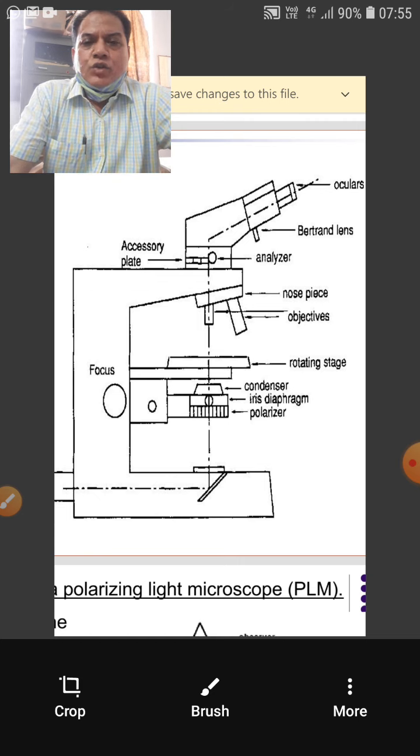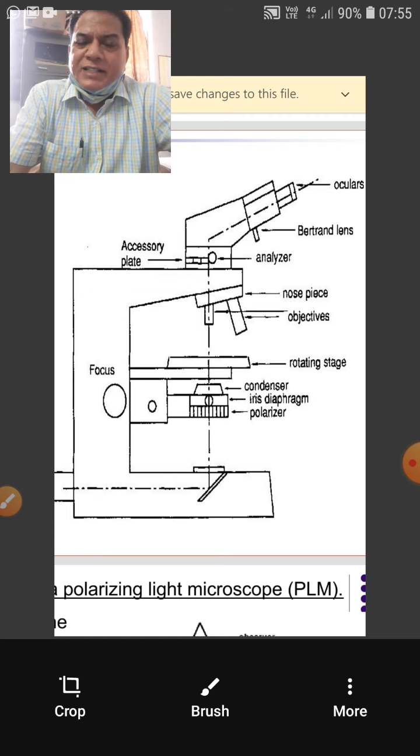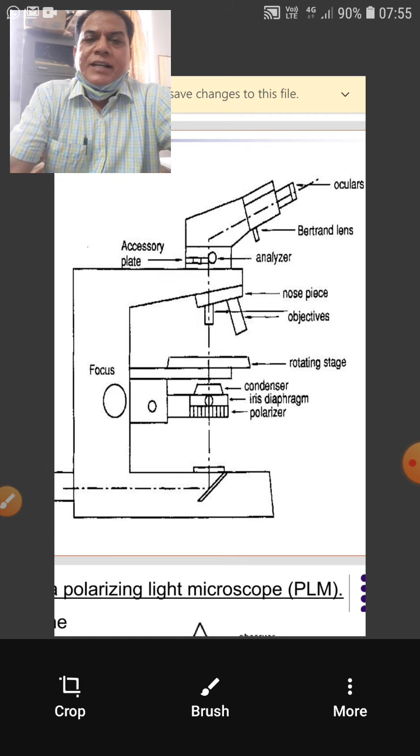So if in a microscope there is an isotropic mineral, it will appear dark in all positions. When you rotate the stage, it will remain dark through and through. So such minerals are isotropic, and the minerals of the cubic system are known to be isotropic.